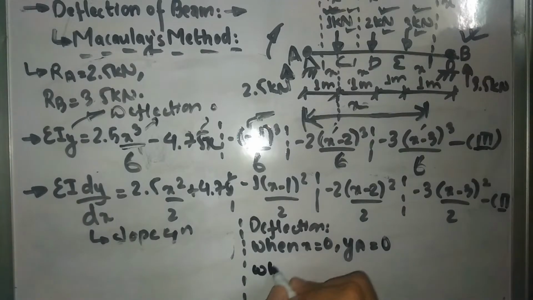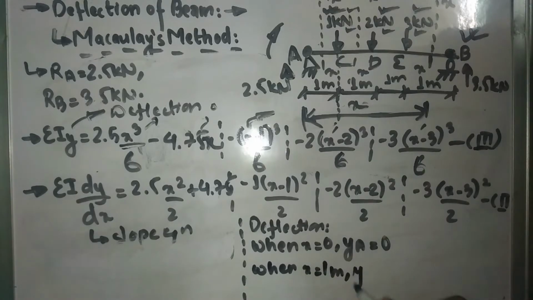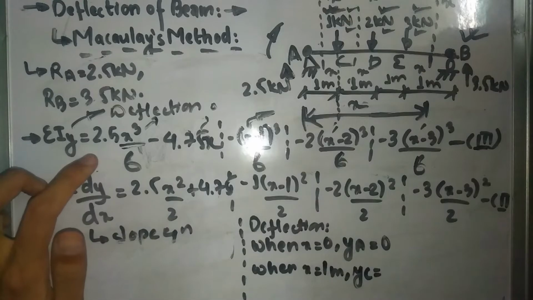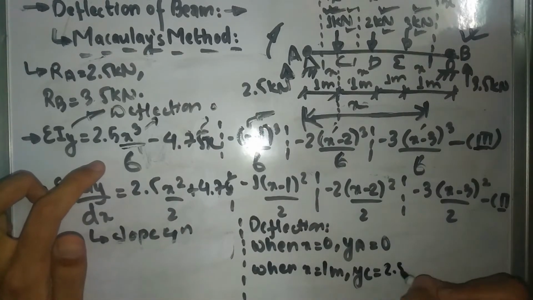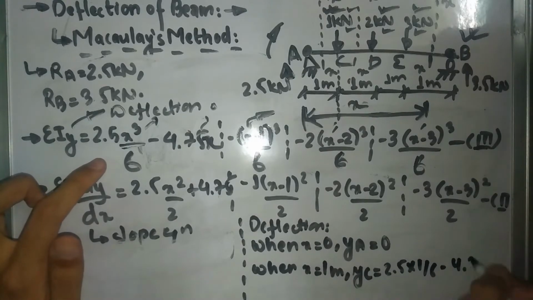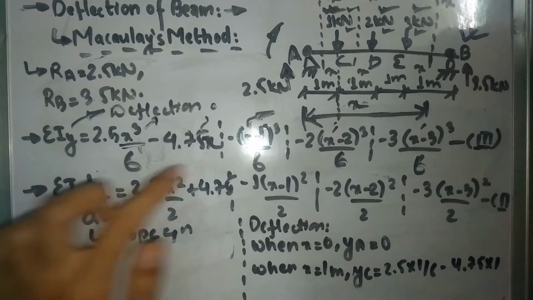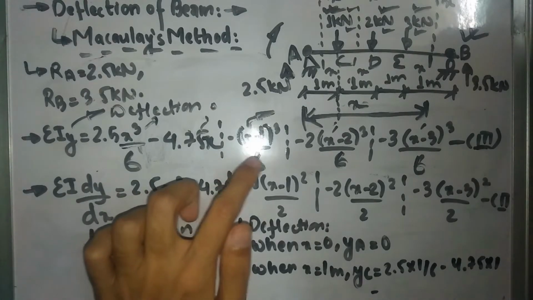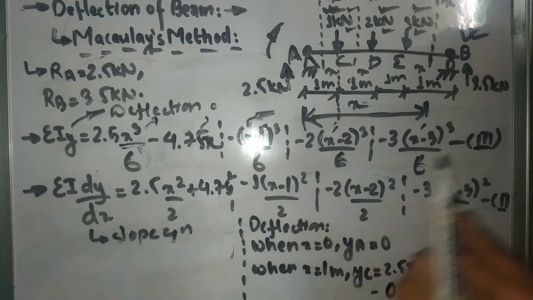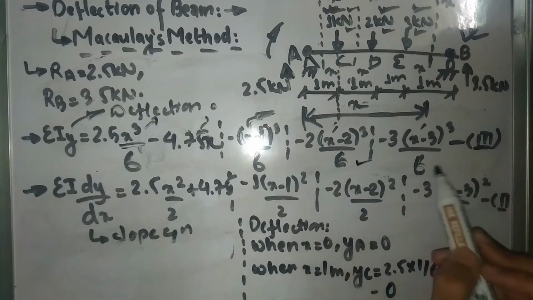Now when x equals 1 meter, we get deflection at point C, yC, equals 2.5 into 1 cube divided by 6 minus 4.75 into 1. 1 minus 1 is 0, so that term is 0 by 6, which is 0. 1 minus 2 is minus 1 and 1 minus 3 is minus 2, so we ignore both of these terms.